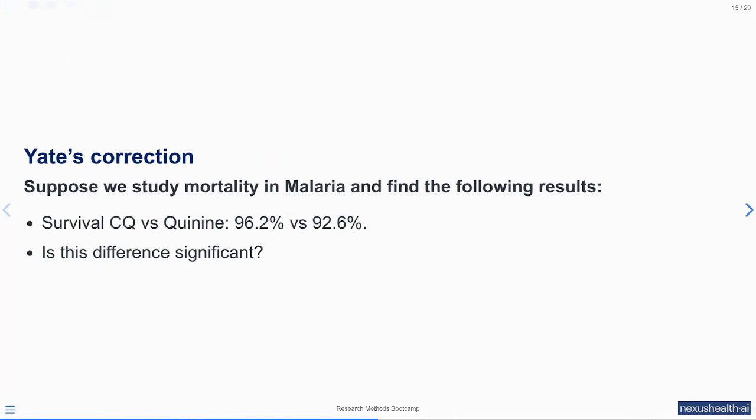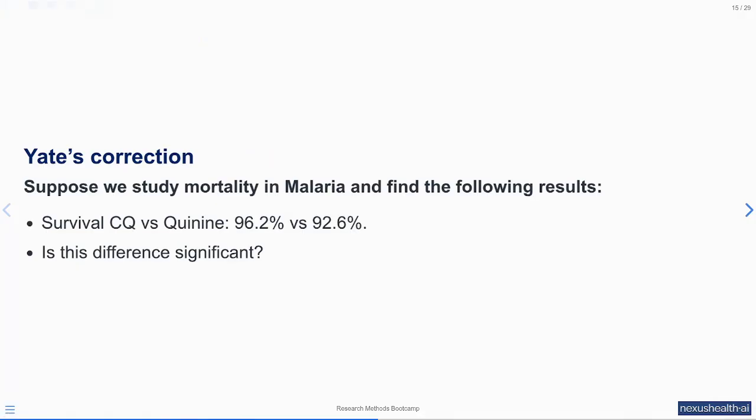What about the Yates corrected chi-square test? When do we use it? Suppose we study mortality in malaria and we get the following results. Survival for chloroquine versus quinine is 96.2% versus 92.6%.